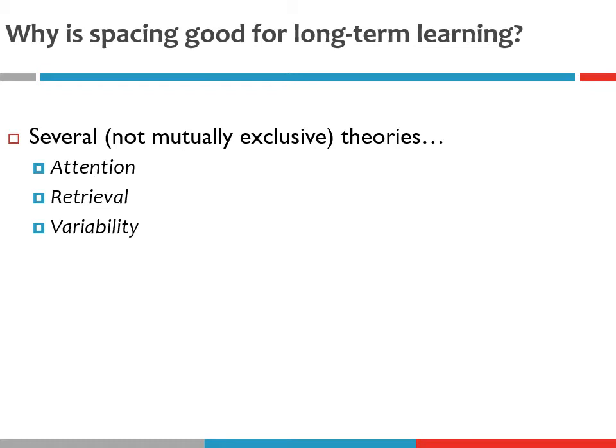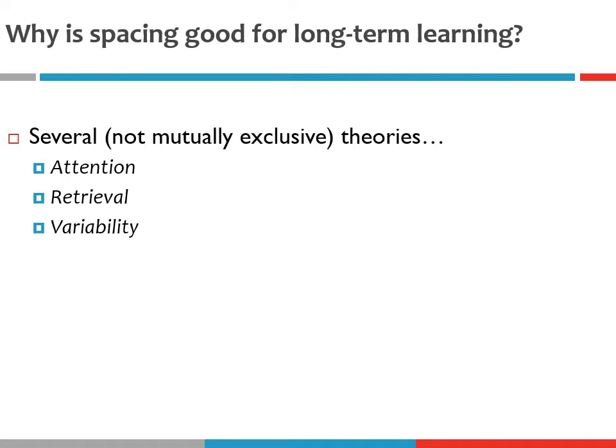So what that means is that now you're associating that same information with a totally different set of cues. So now you're able to retrieve the information when you're happy, when you're sad, when it's raining, when it's sunny, etc. Right? So basically, by associating the information with all of these different environmental cues and all of these different internal states, you're building more retrieval routes with which you can access this information later on.